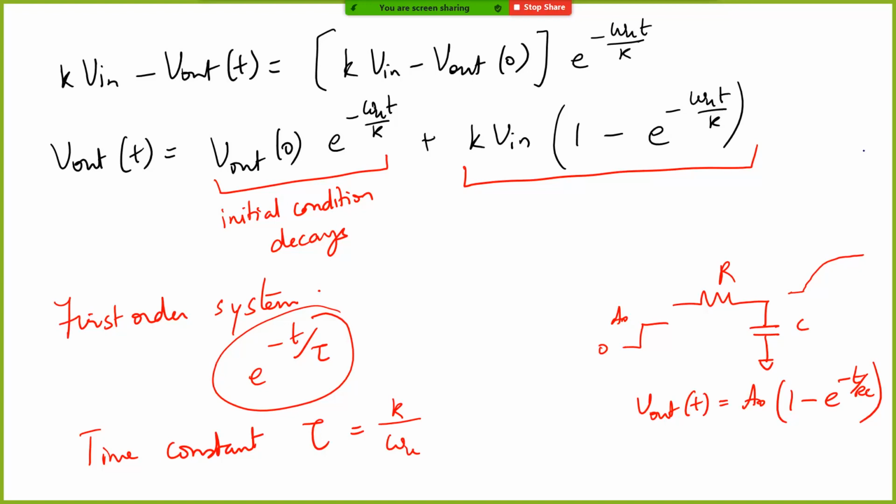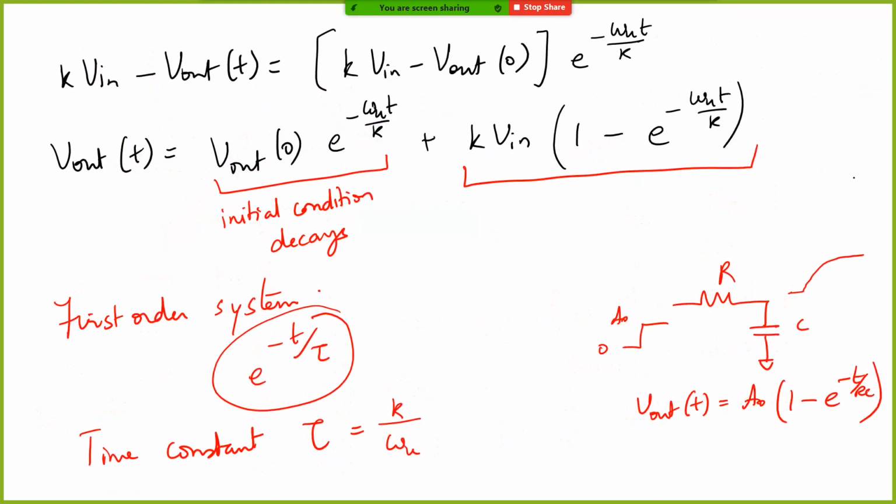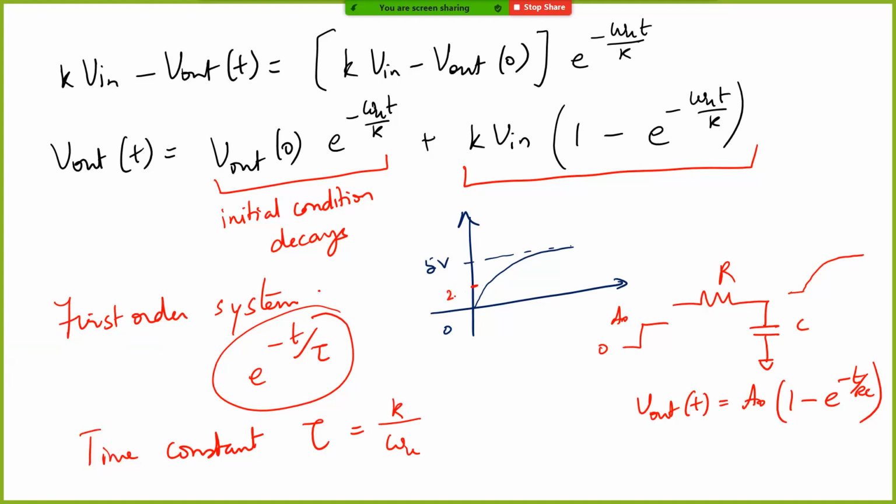It will. Let's say this is from 0 to 5 volt. Now, suppose your initial condition is that you are starting from 2 volt. First of all, your initial slope will be different, right?